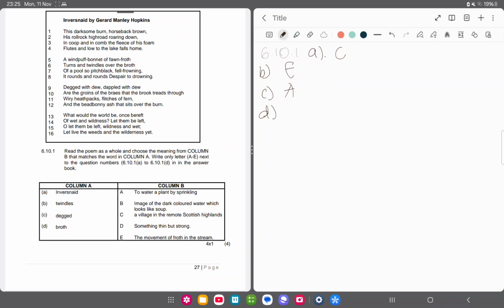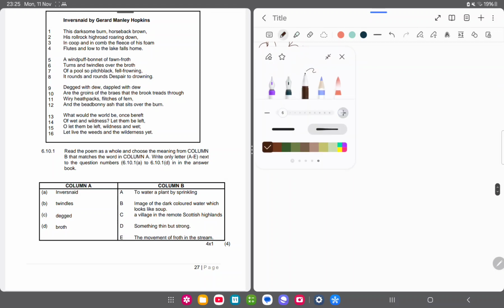So here, I believe the best suited answer would be B, because it tells us that it is an image of the dark colored water which looks like a soup. You are even told that it looks like a soup. So if you relate this broth to what you do in the kitchen, you would see that it makes sense. So the answer to this is B. And we are moving forward.